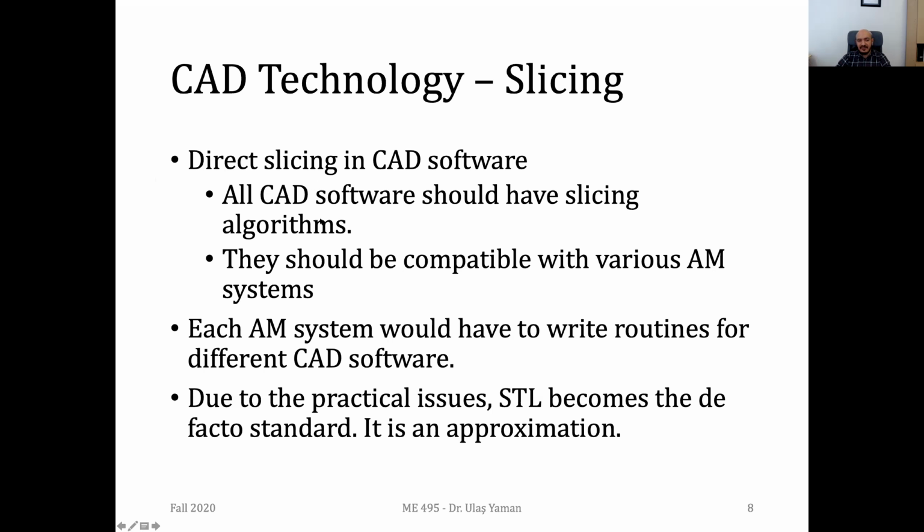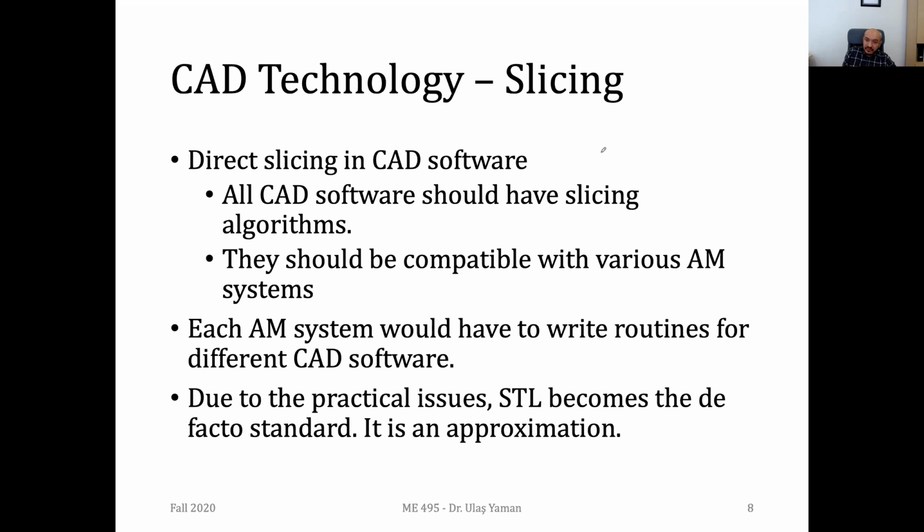Another problem is that if they are working with a specific additive manufacturing machine, then they should also write a post-processor for that specific AM system. So this is actually the main challenge, and that's why people prefer to use STL as an intermediate language between the CAD software and additive manufacturing systems.